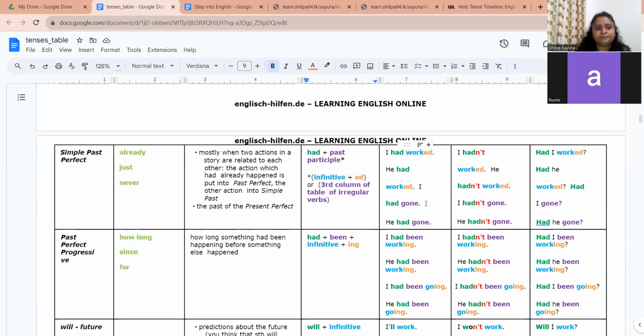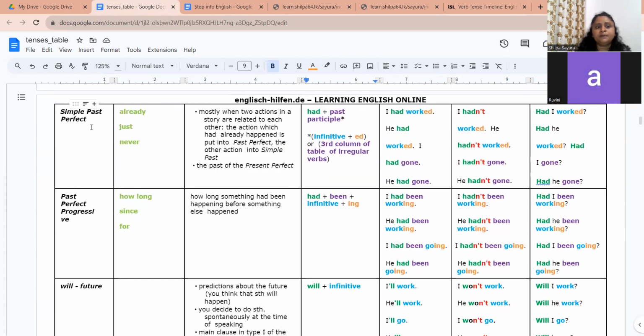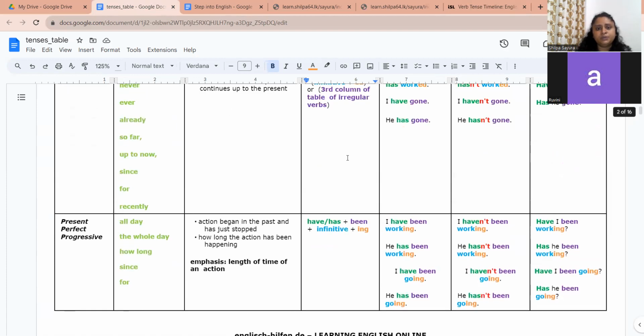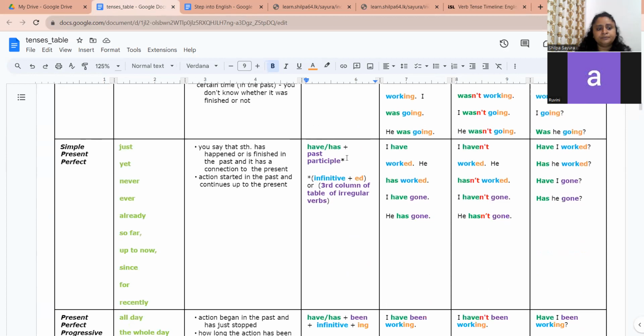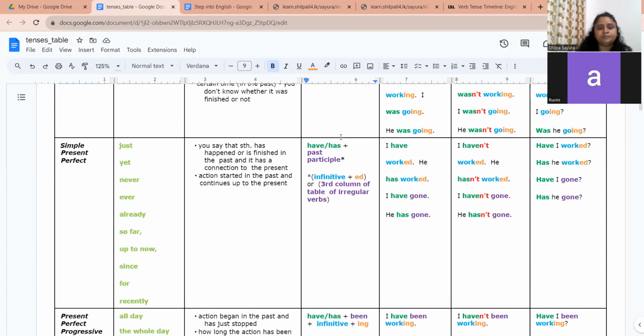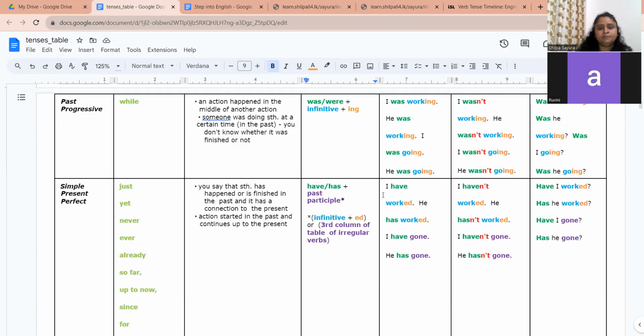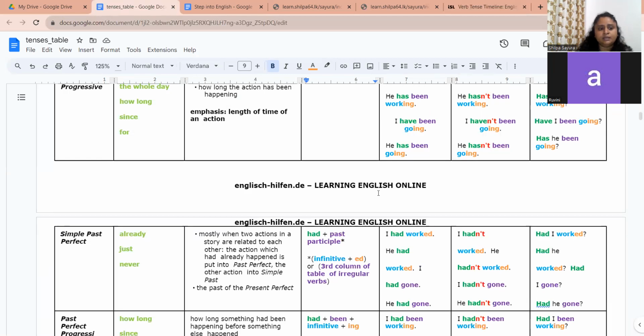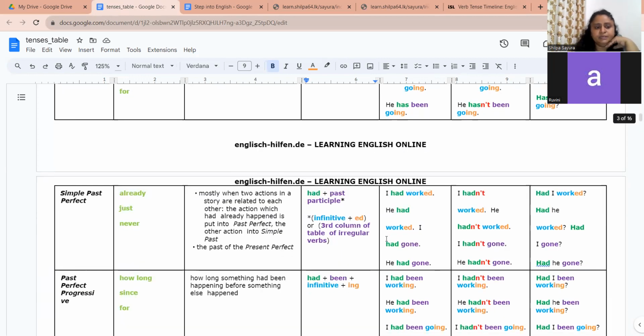Next one. So simple past perfect. So just as we explained past continuous and past tense, here past perfect tense and past tense also have a connection.